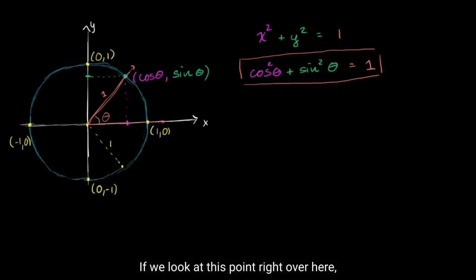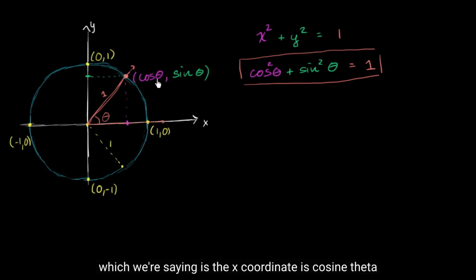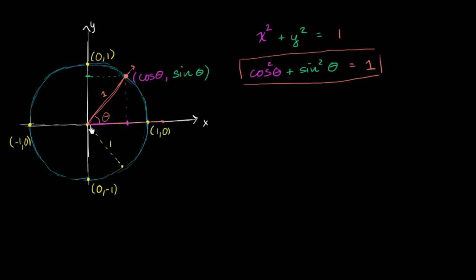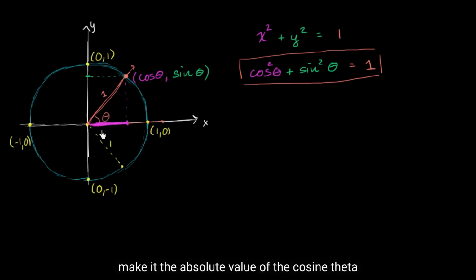If we look at this point right over here, which we're saying has x-coordinate cosine theta and y-coordinate sine of theta, what is the distance between that point and the origin? Well, to think about that, we can construct a right triangle. So that we can deal with any quadrant, I'll make this distance right over here the absolute value of cosine theta.